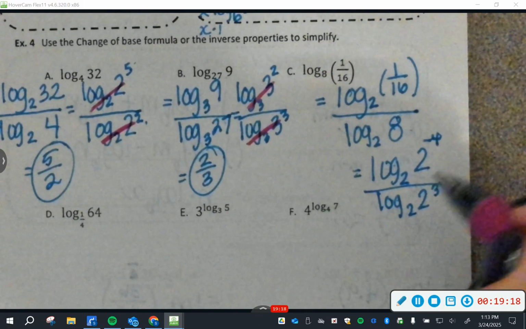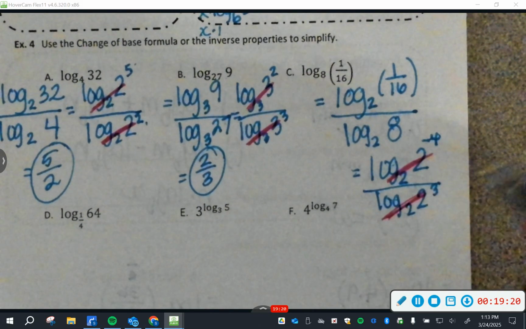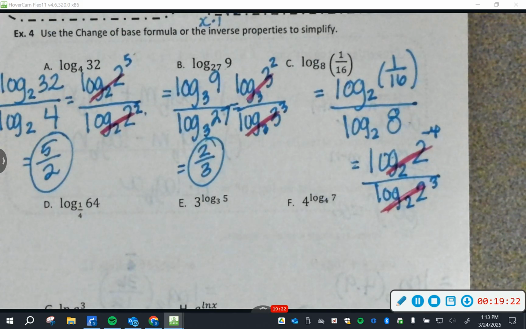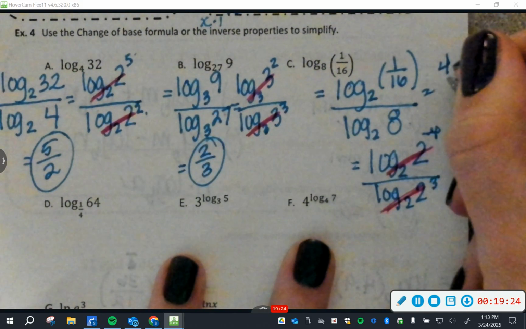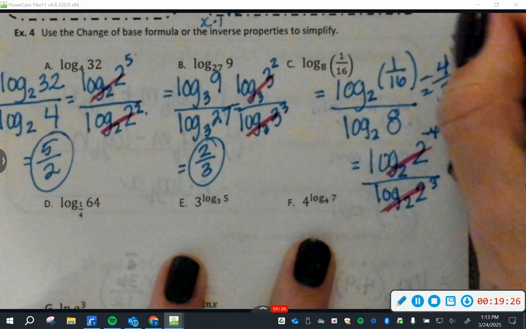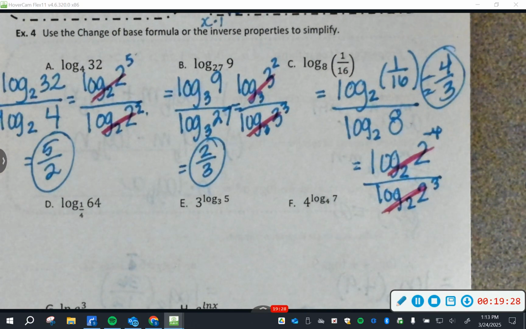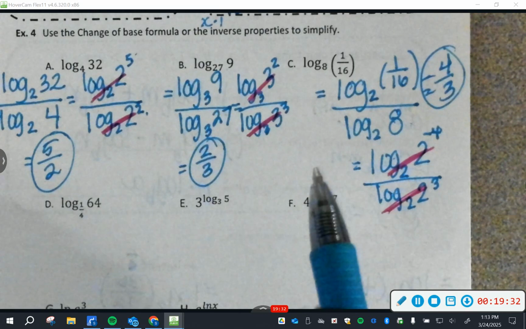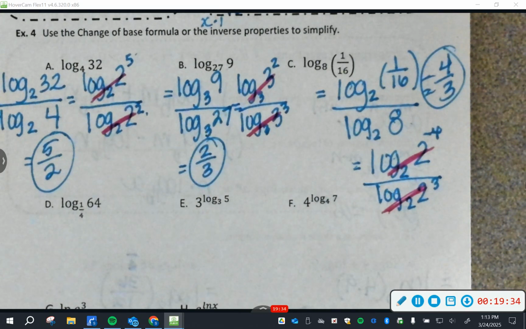Okay, then we cancel, cancel. Final answer, negative 4/3. I don't really know where I could put that, so I just squeezed that back up there. Negative 4 over 3. Okay?